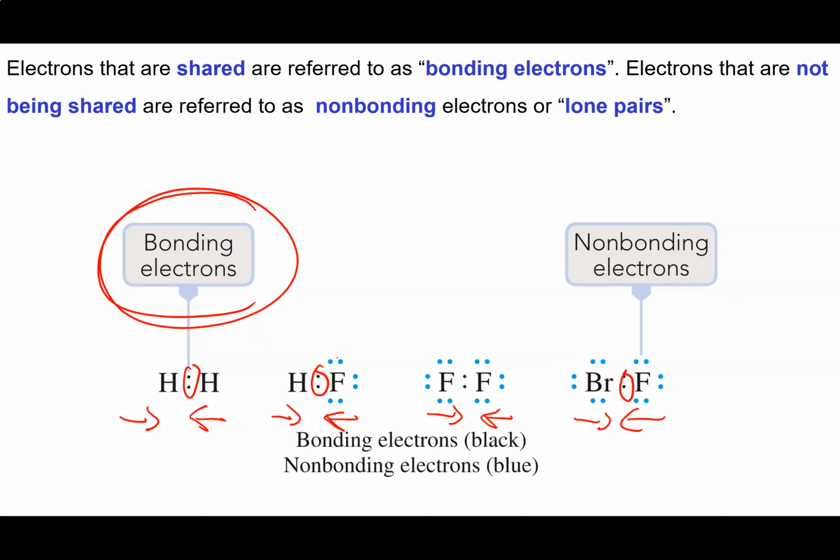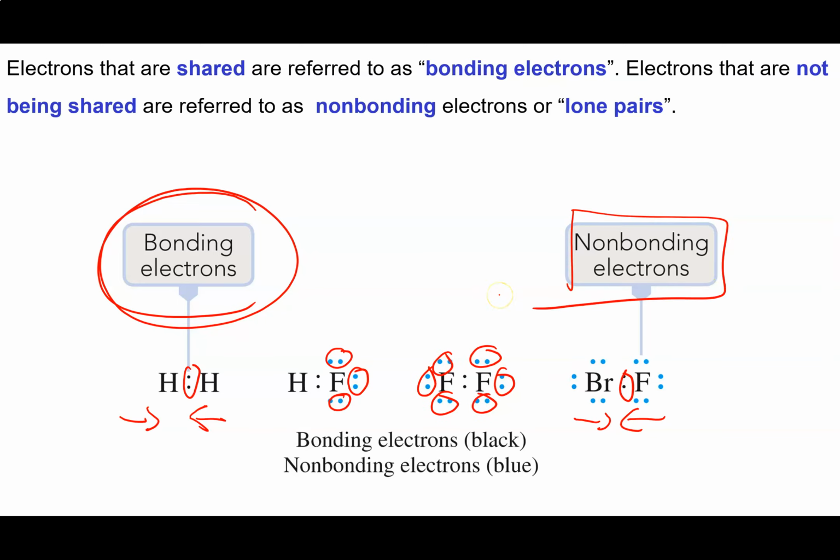The other electrons that are indicated in blue here, they're located exclusively on one atom. They're not in any way helping hold those 2 atoms together. So for that reason, we refer to them as being non-bonding electrons.